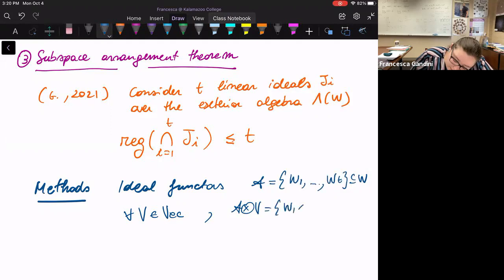And so now the vanishing ideal becomes a functor on these vector spaces V.